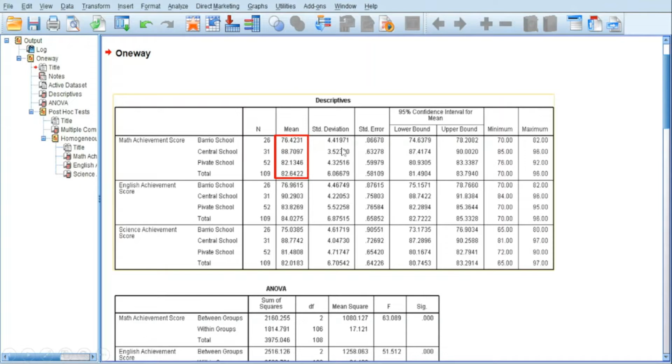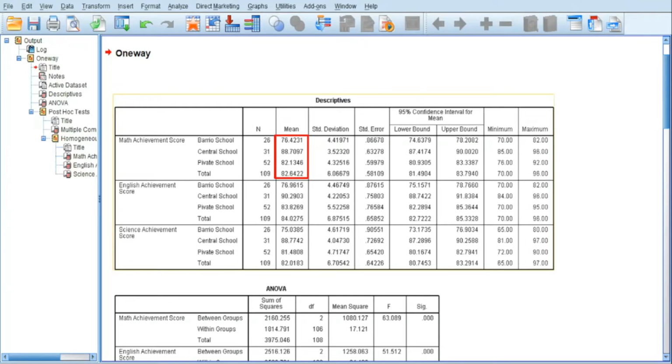Meaning you need to come up with your own scale and description so that these values have meaning. For example, if this is a 100 item test and 75 is the passing mark, then you can say that the mean score of students who came from barrio school is above passing mark, because 76.42 is above 75, as well as the scores of students in the central school and private school.